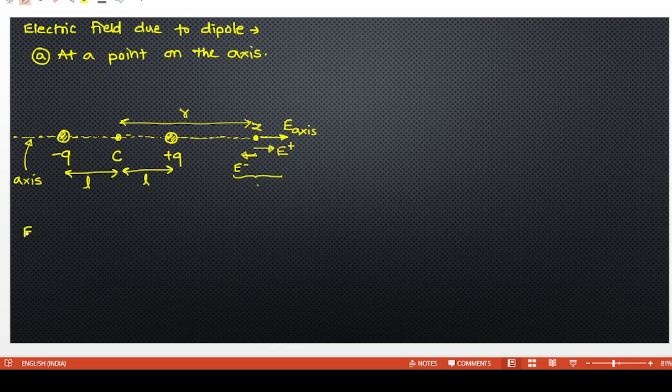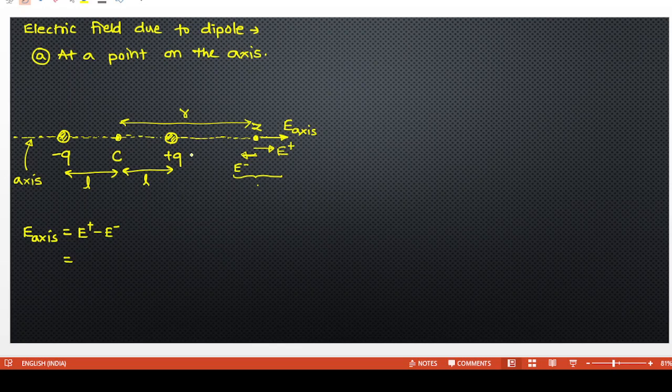You can write magnitude of electric field at a point on the axis is equal to... magnitude will be subtraction of these two numbers or addition of these two numbers or Pythagoras or parallelogram. These two vectors are opposite to each other. So subtract their magnitudes, you will get magnitude of the resultant. Now what is magnitude of electric field produced by the positive charge at a given point?